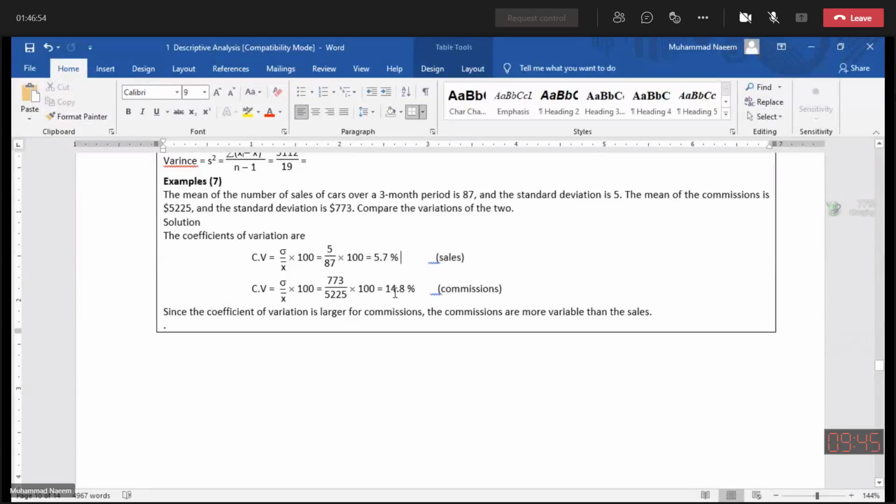One is 5.7 and another is 14.8. So we can compare both the variations. As the value of the coefficient of variation is larger, this variable has more variation than this one.